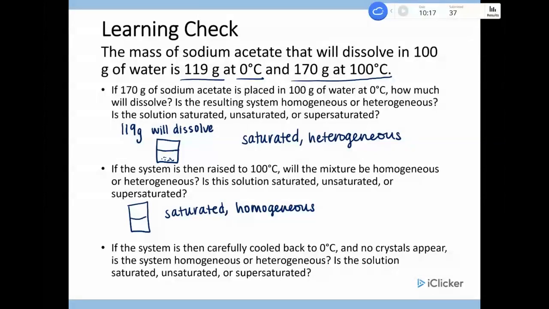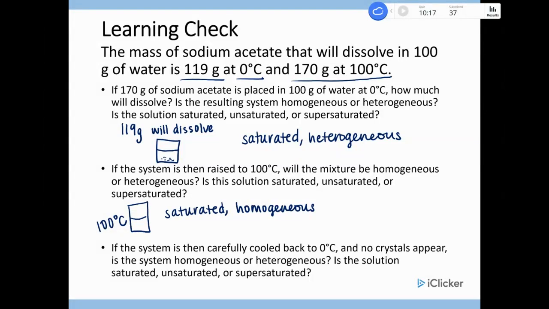And then we take that at 100 degrees and cool it back down to 0. Remember, the solubility at 0 degrees is 119 grams, but no crystals appear. So this means that all 170 grams are dissolved in that water at 0 degrees Celsius. That's more than the solubility of sodium acetate at 0.